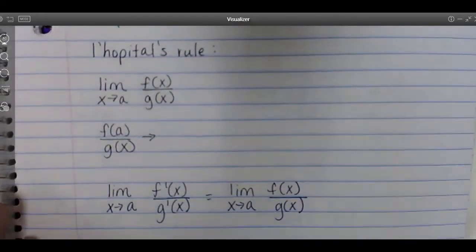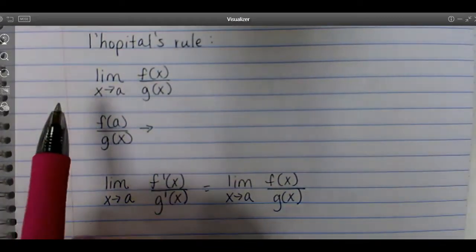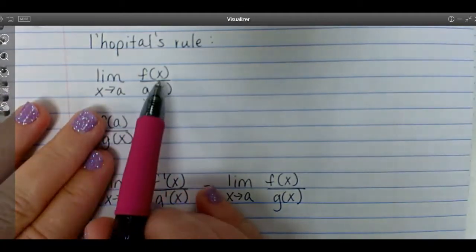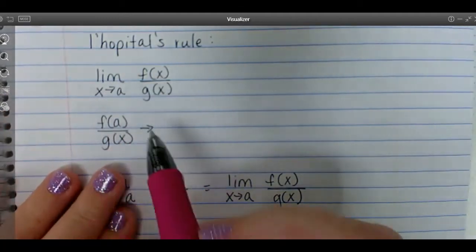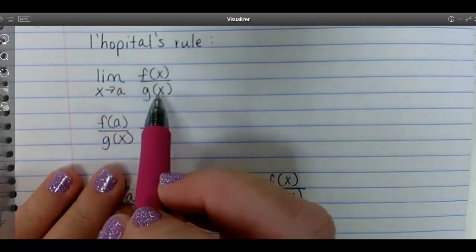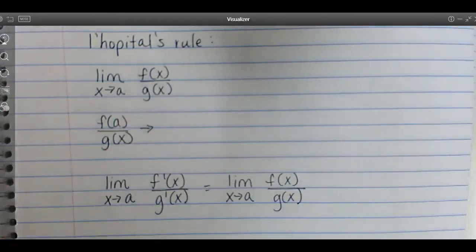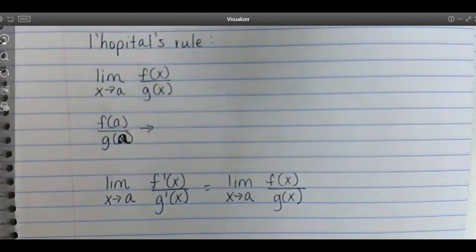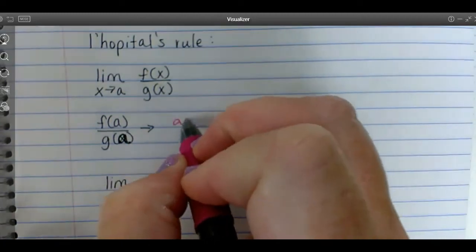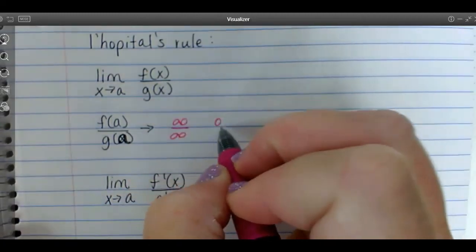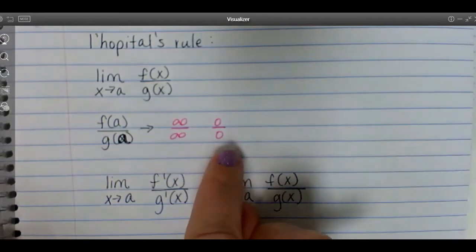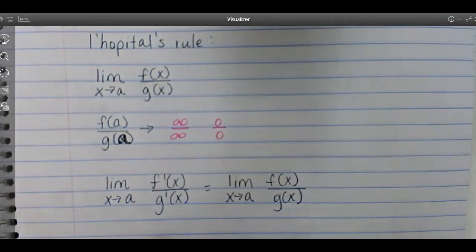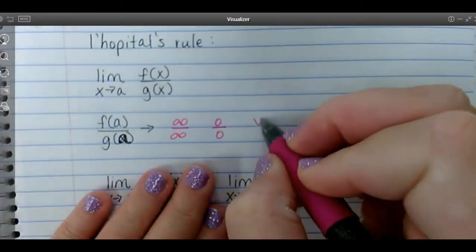So now let's get to what L'Hopital's rule actually says. L'Hopital's rule says if you have a limit as x approaches a of f of x over g of x, and when you plug in a, if you get one of these indeterminate forms, if you get infinity over infinity or 0 over 0, or even negative infinity over infinity, then you can use L'Hopital's rule.